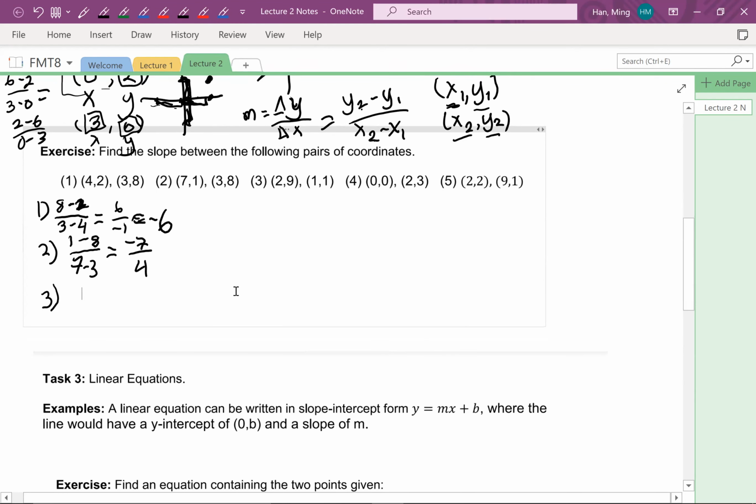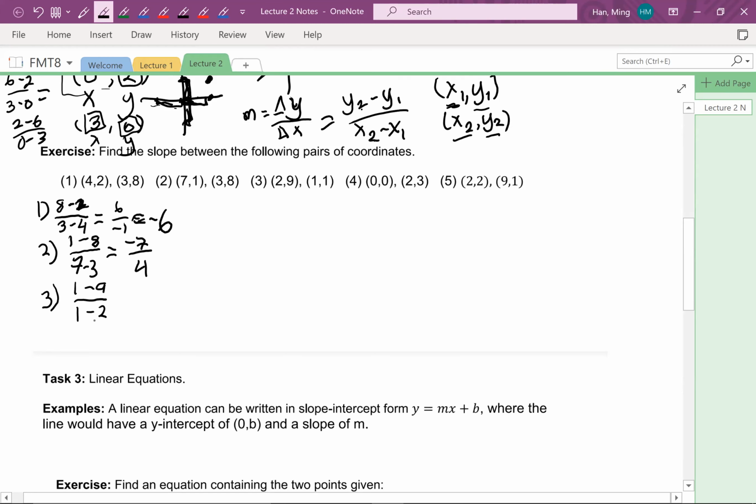John V, do you want to try this one? Yeah, sure. For number 3, I got 8. That's correct. So do you want to tell us how you got your answer? Okay, so I followed the same formula of subtracting y from y over subtracting x from x.